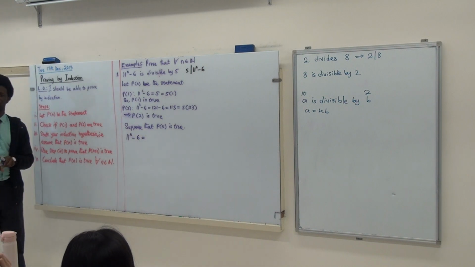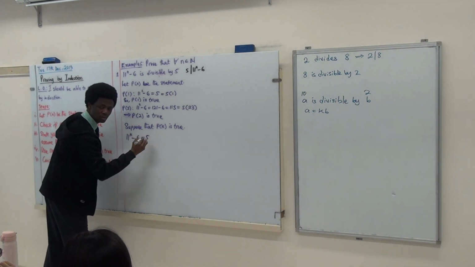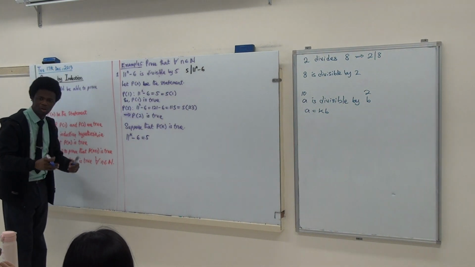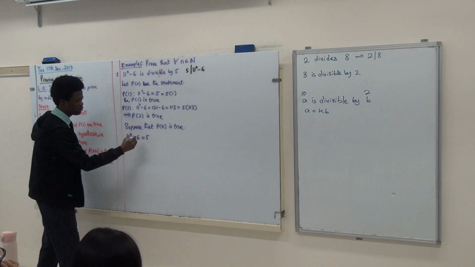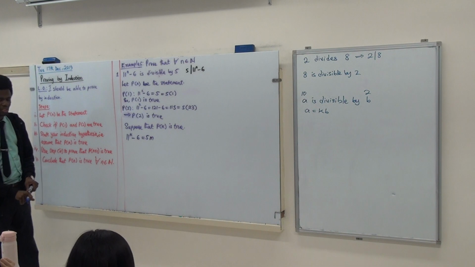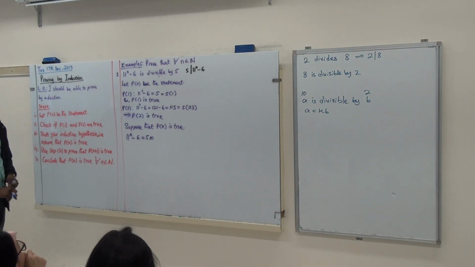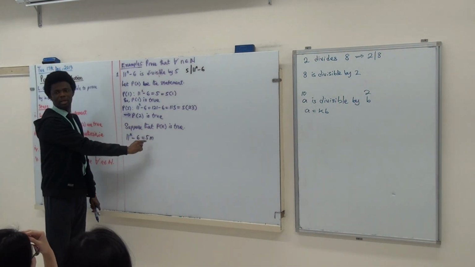Can somebody guess? 5, of course, because we have k already. 5 what? I'll take m for math. You can use any integer. So this is, suppose that Pk is true. This is what it means.